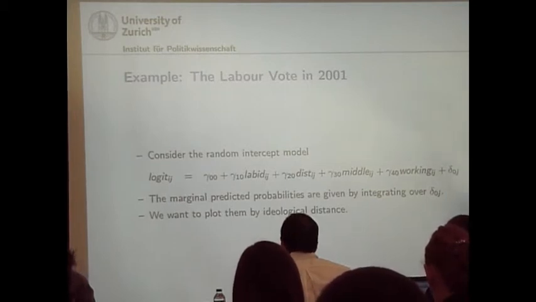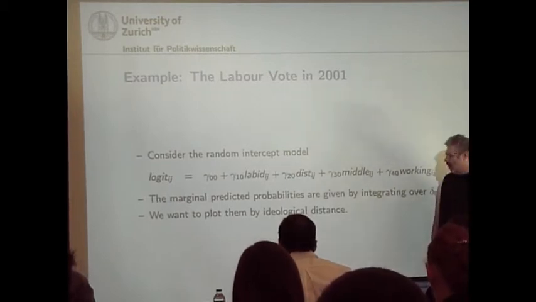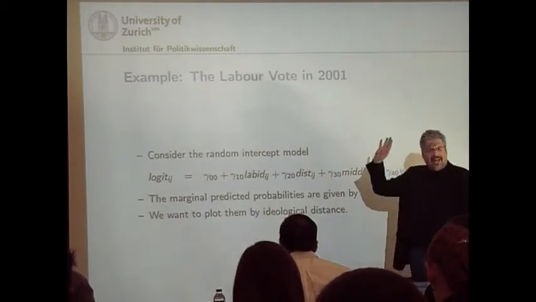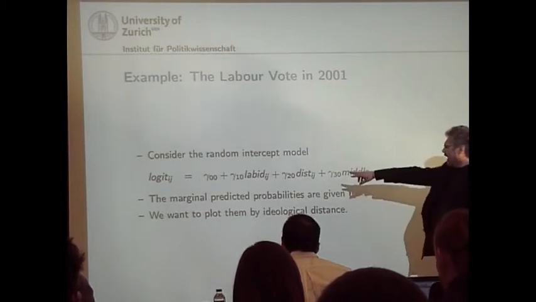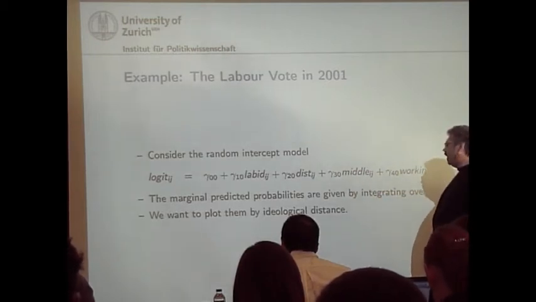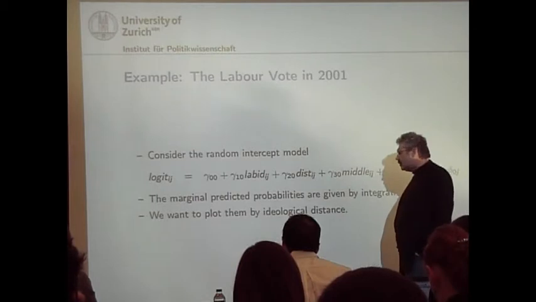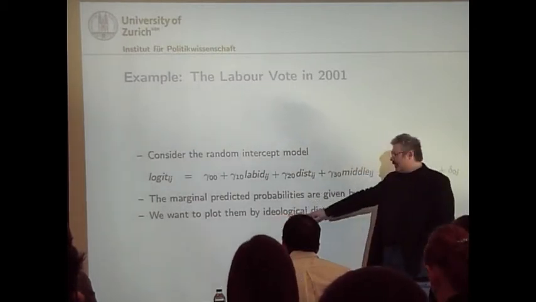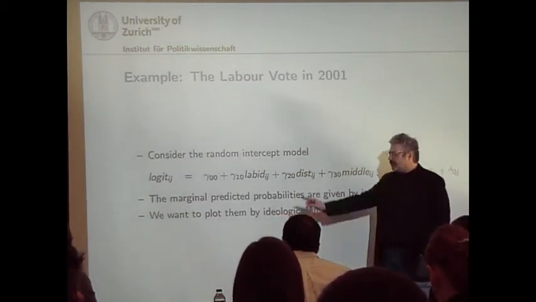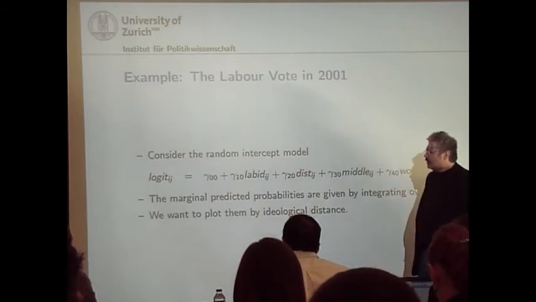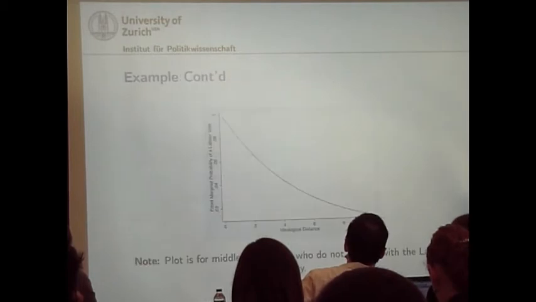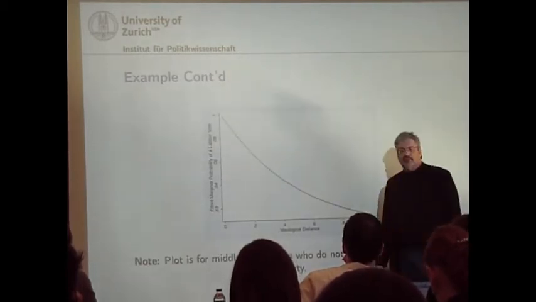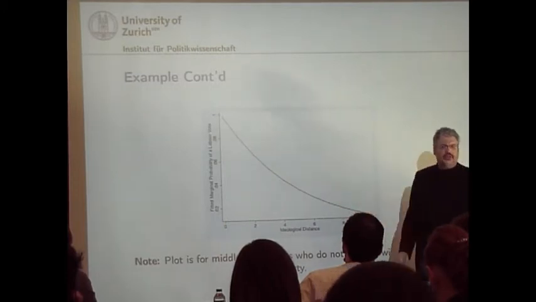So, if we go back to the random intercept model, abandoning all the stuff we did before, we just go back to this model. Say I'm interested in plotting the effect of ideological distance on the probability of voting for Labour. Then I would have to set some values for the other predictors.